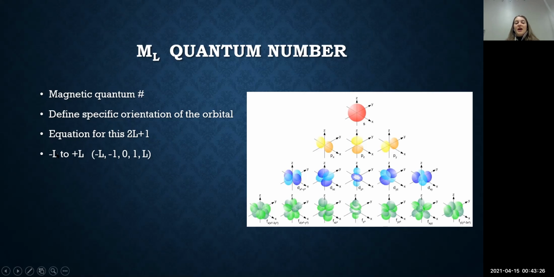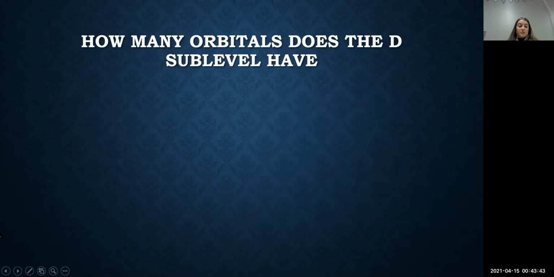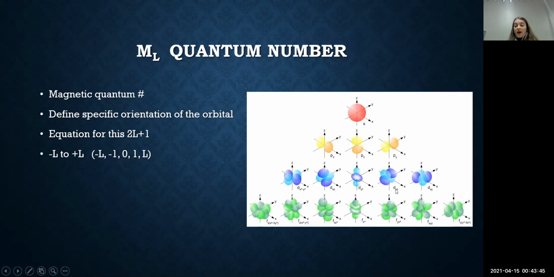Or you can just think of it as negative L to positive L. So for our d orbitals, our L is going to be 2, right? So we have -2, -1, 0, 1, and 2. And so that gives us 5 different orbitals.